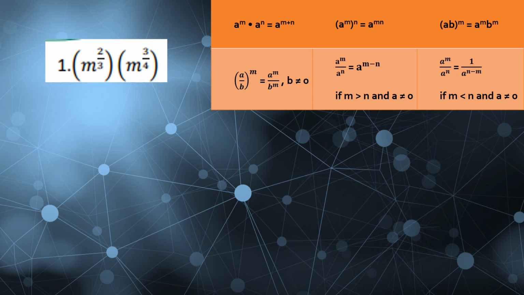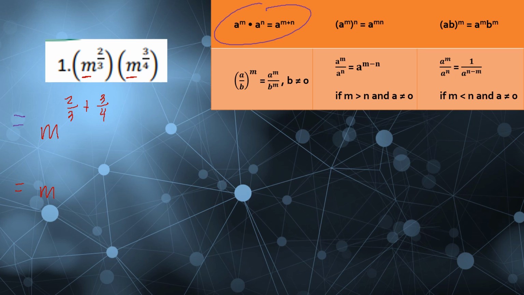Number 1, we have m raised to 2/3 times m raised to 3/4. So in order to simplify this, we will apply this law of exponent. Since we are dealing with the same base, which is m, we simply add their exponents. 2/3 plus 3/4.